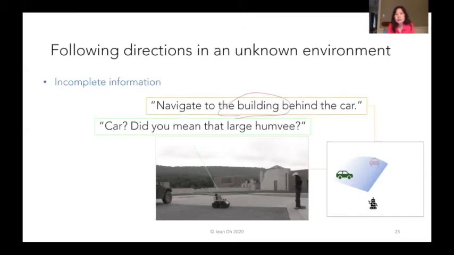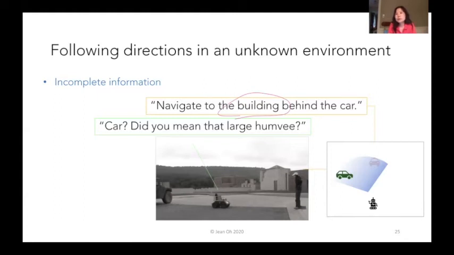And then the third part is the unseen part of the environment. So if the robot is navigating in a completely unknown environment without any prior information, then it's even hard to know whether the target is within the field of view or not. So how to resolve these issues?